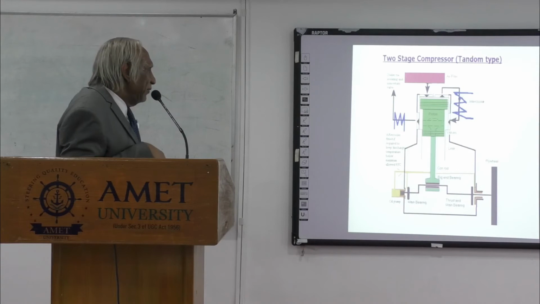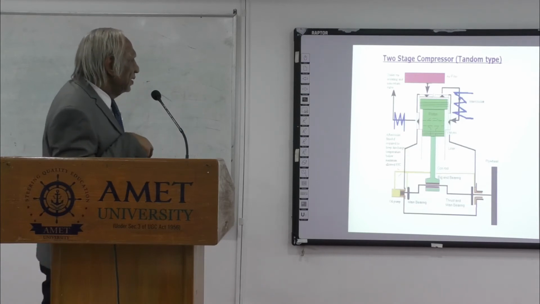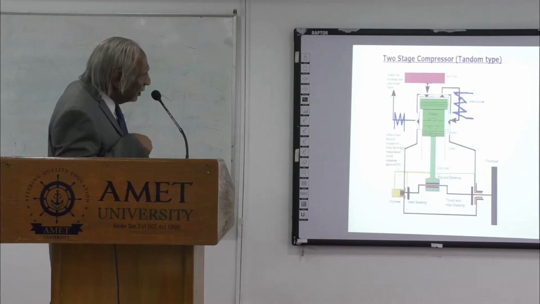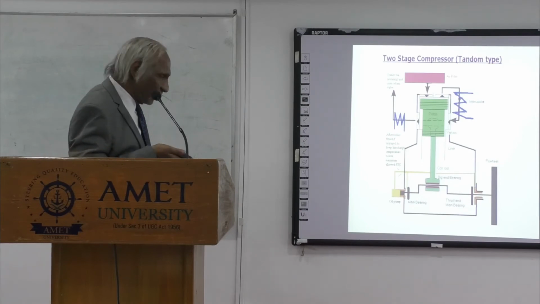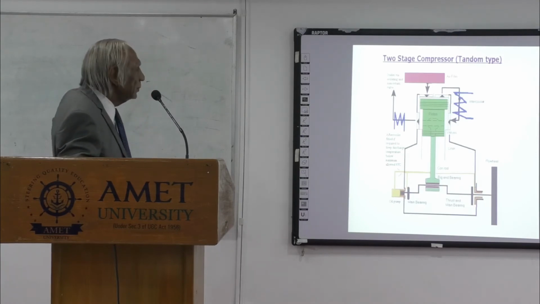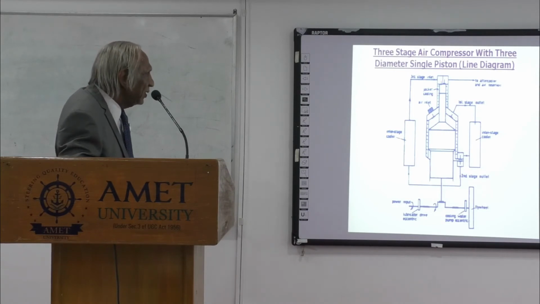At the same time, the delivery valve on the HP side will open and pass through the aftercooler and go into the air bottles. Similarly, in the upward stroke, the LP stage will deliver the air through the intercooler to the HP suction valve. So both are operating in opposite directions. That is what we are seeing in a two-stage compressor.